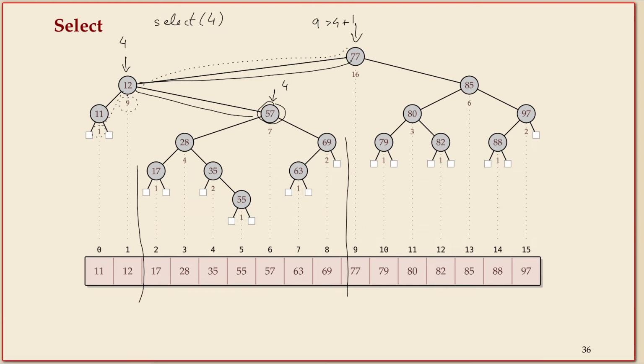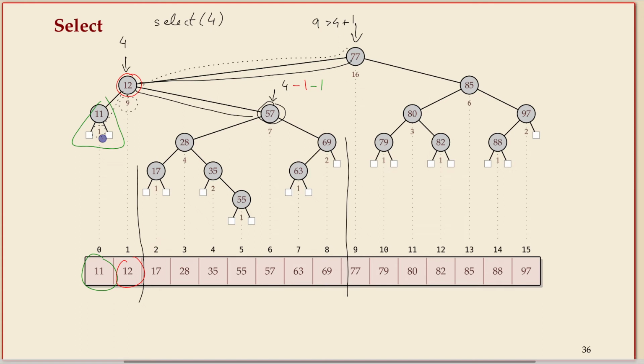And how do we adapt? Same as before, we subtract 1 for the node that we skip because we visited it, and we subtract the size of this subtree because these are all the elements to the left of where I am now. Right, so here's the green one that I skip, here's the red one that I skip, and the green one, that's really the one from the subtree size, could be much bigger than a single element.